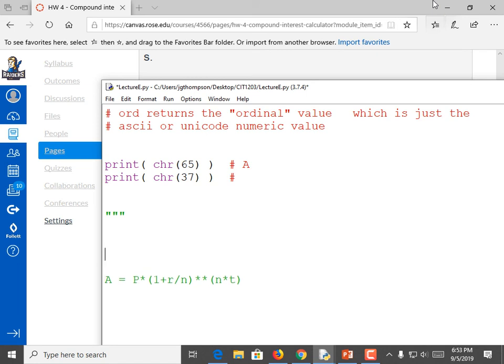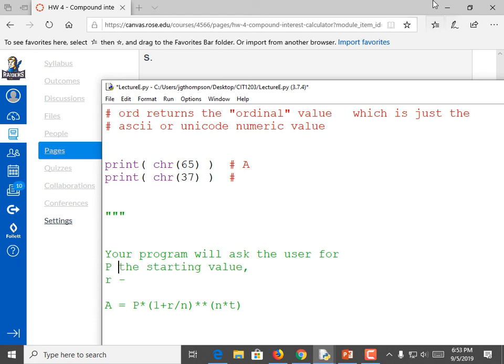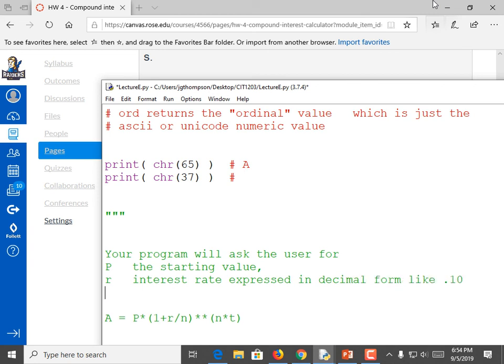So your program will ask the user for P, the starting value, the principal, R, which is, I'll tell you what, the interest rate expressed in decimal form, like 0.10 is 10%.